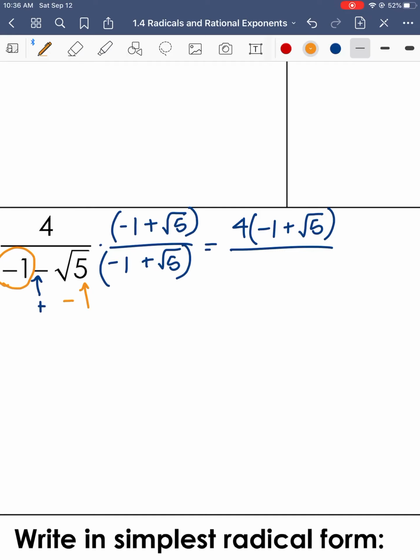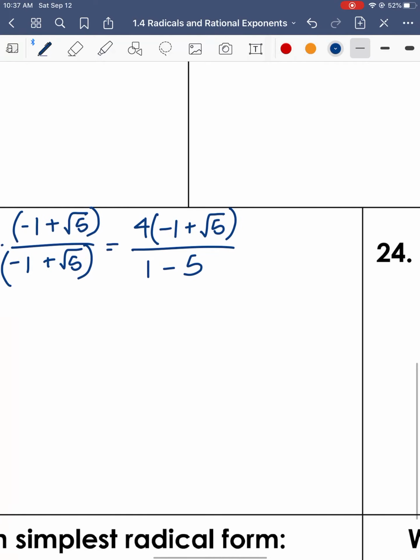So here we're going to end up with positive 1 minus 5, I believe. Okay, and then let's distribute this top and then simplify the bottom. So we're going to get -4 plus 4 root 5 all over 1 minus 5 is going to give us -4.